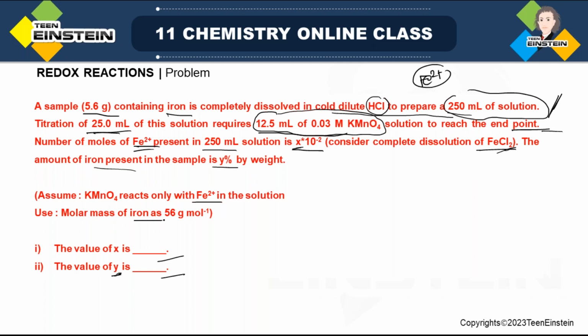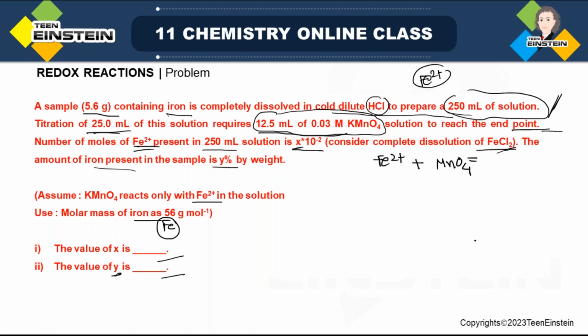And the molar mass of iron, or the atomic mass of Fe, is 56 gram per mole, because ultimately we have to find the percentage of iron, and then you will need this value. So how will we start? First of all, the balanced equation, the reaction between Fe2+ and MnO4-. I am just writing the ions.